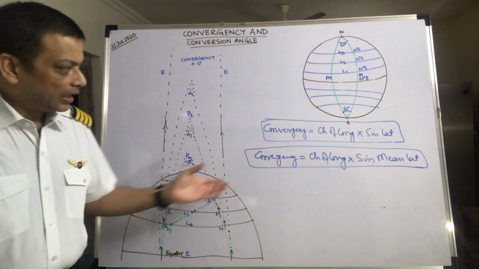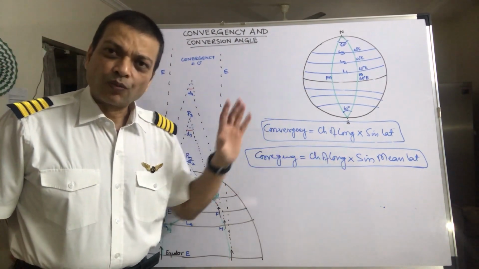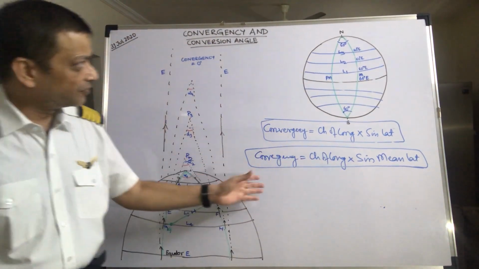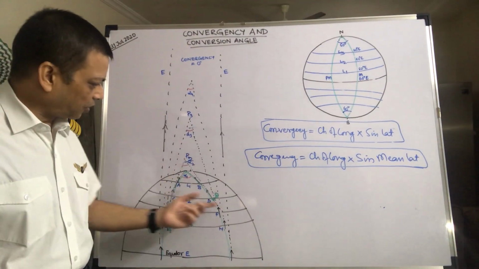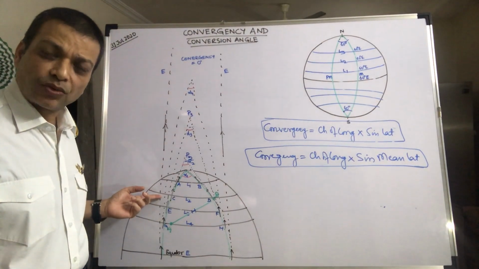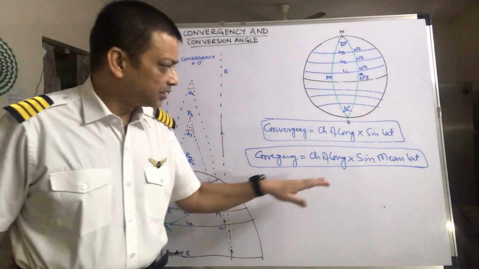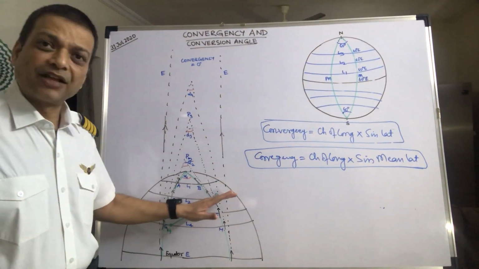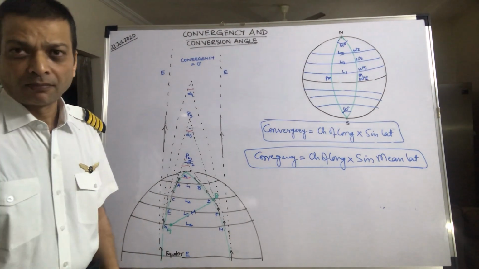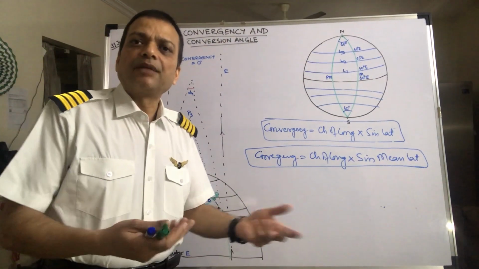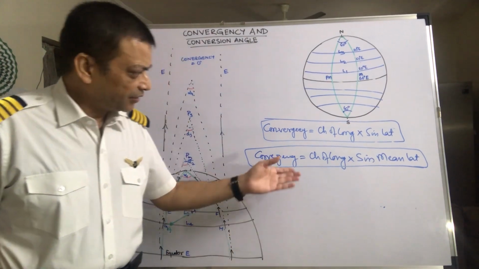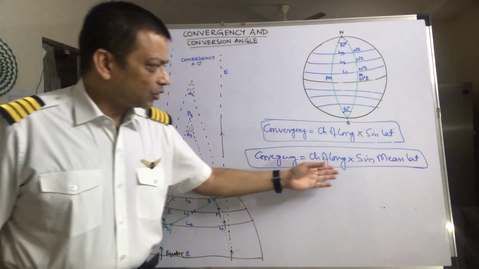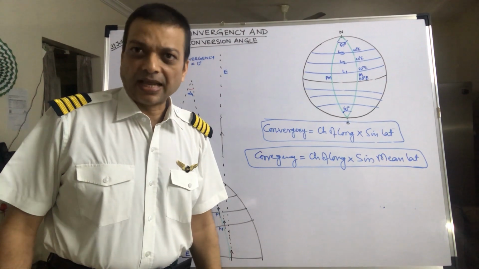Here in this formula we have catered first of all the angle, thereafter we have catered for a particular latitude, and further we have generalized to taking into account whenever we are flying from one place to another, crossing any particular latitude. Here I finish off: convergency is equal to change of longitude into sine mean latitude.